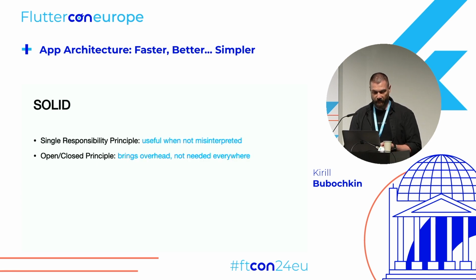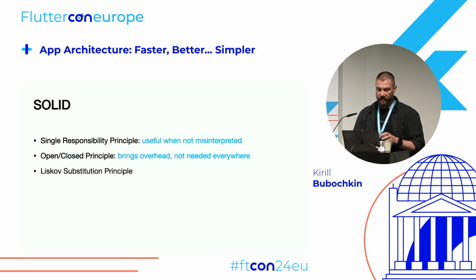Liskov substitution principle. It's a very important principle if we talk about class hierarchies, and it's actually pretty complex to follow it everywhere. But I would say inheritance itself is a pretty complex topic, and in general it should rather be avoided.